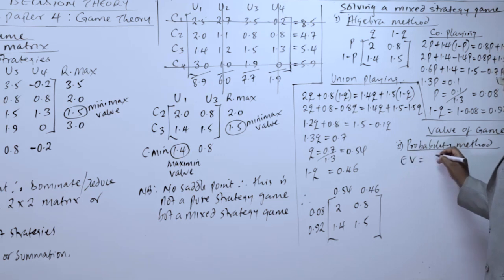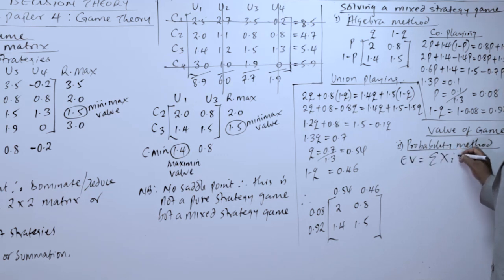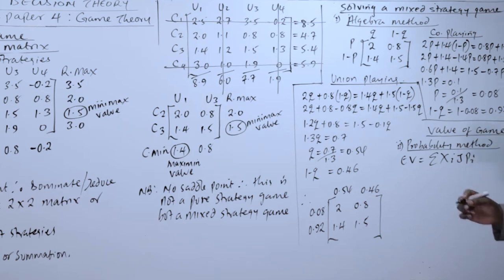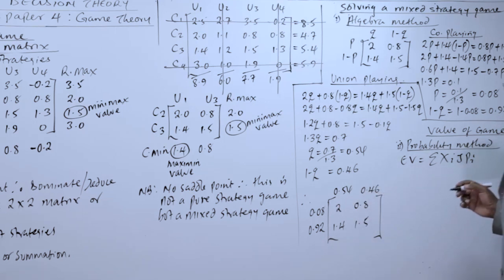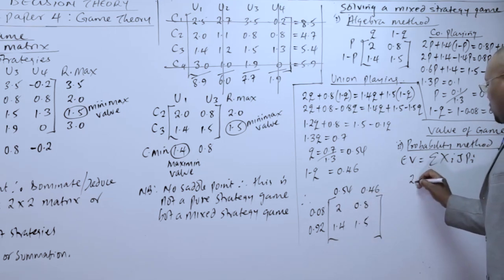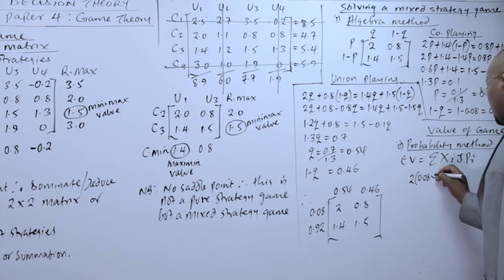expressed as value of game equals the summation of x_ij p_i, meaning that we take the payoff and multiply by the respective probabilities, the probability for the company and the probability for the union.